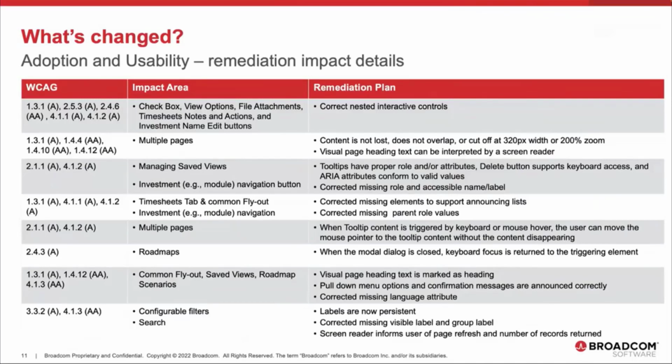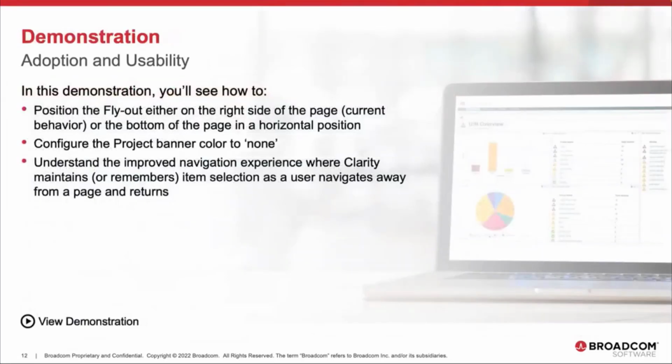I'll prepare a slide like this for the next release as well, so you have visibility to impacted areas and their respective updates. So let's move on to the demonstration. I'm going to show you the usability capabilities here for positioning the flyout on either the right side or the bottom of the page in a horizontal position.